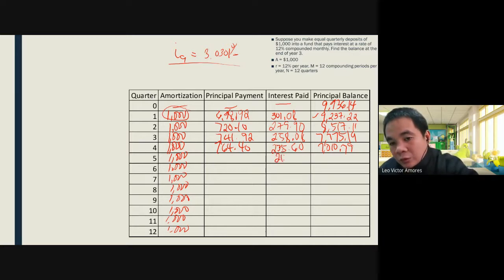The interest is 212.43, the principal payment is 787.57, and the balance is 6,223.22. The interest is 188.57, the principal payment is 811.43, and the balance is 5,411.79.